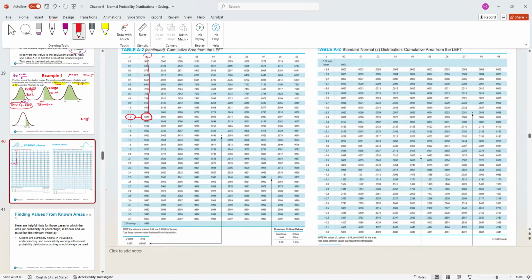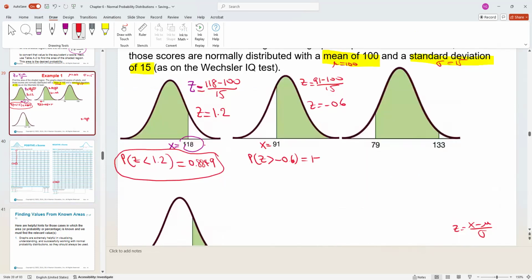So negative 0.6 in the table gives you 0.2743. What would the corresponding probability be when we subtract?